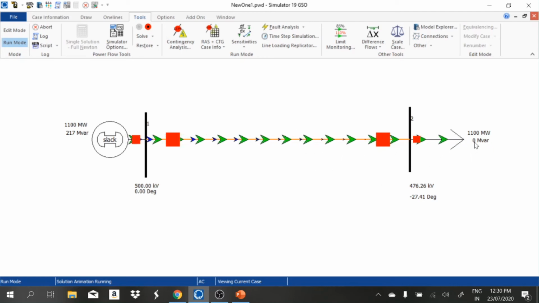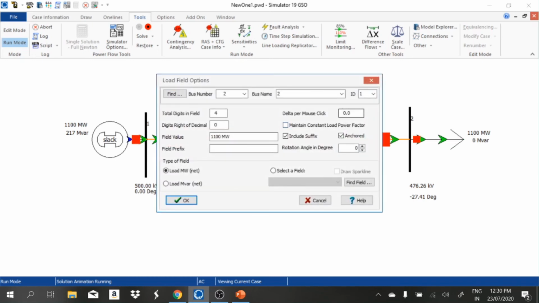Still the load side MVAR is 0. According to our problem, the practical line loadability is 1364.